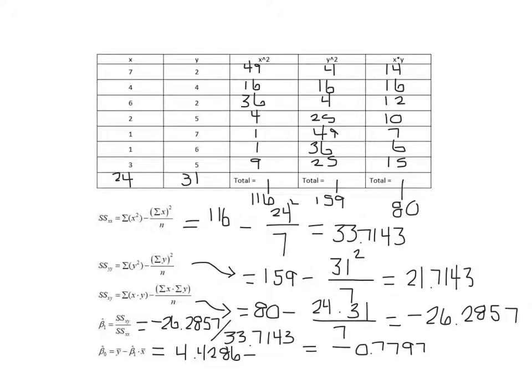Subtract our slope that we've determined, which is negative 0.7797, and multiply that by the mean of our x's of 3.4286. And when we do this, we'll have our y-intercept. This number should also look familiar to you. It's 7.1019.